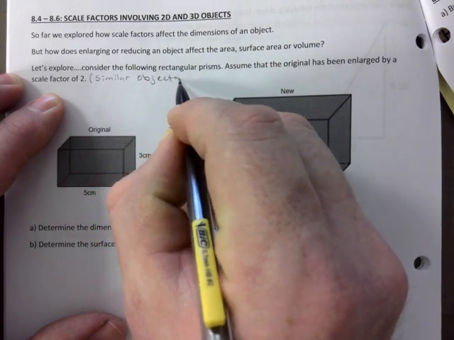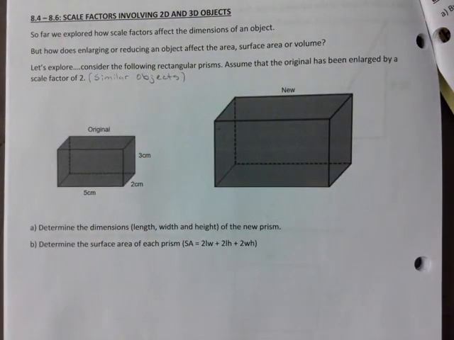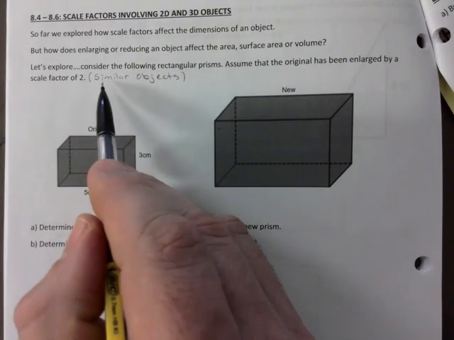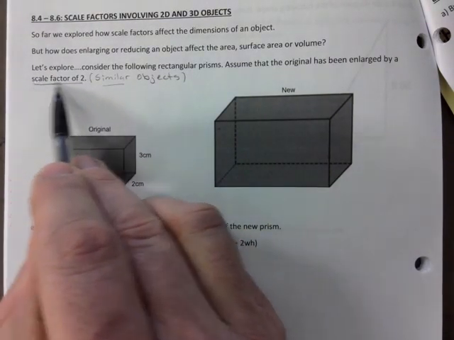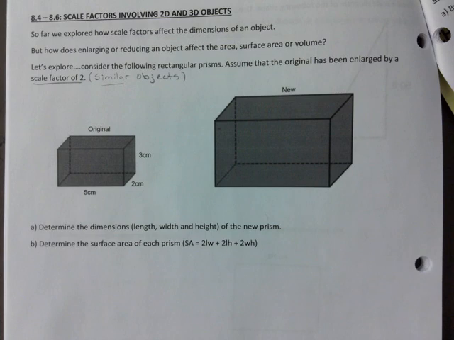If you see the word similar in this unit, it's not just saying they're kind of alike. It actually tells us that something has been changed by the same factor all around, every single dimension.